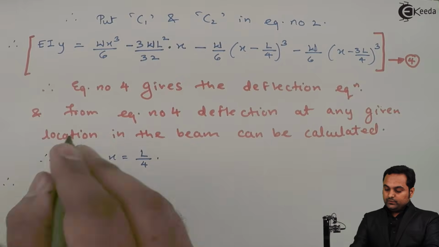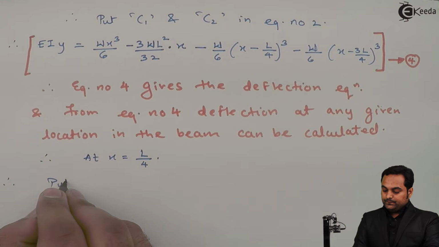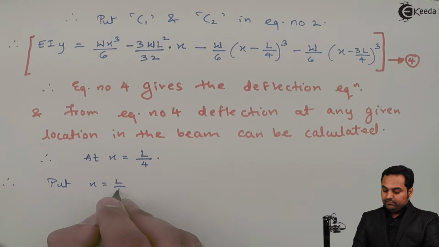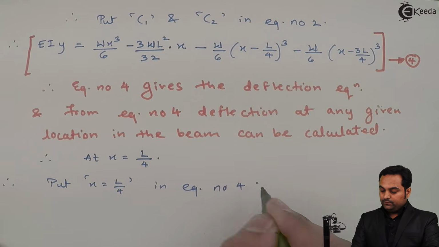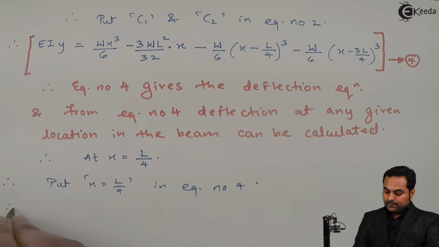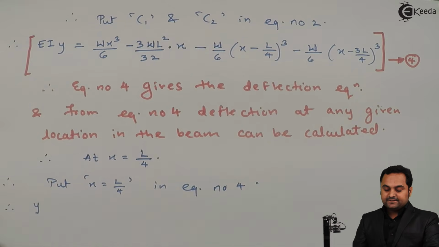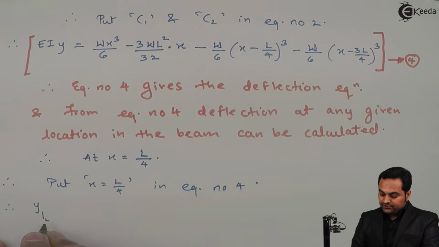So put x is equal to L/4 in equation number 4. So now if I put the values, y I will keep as it is, and this we are calculating at L/4 distance.